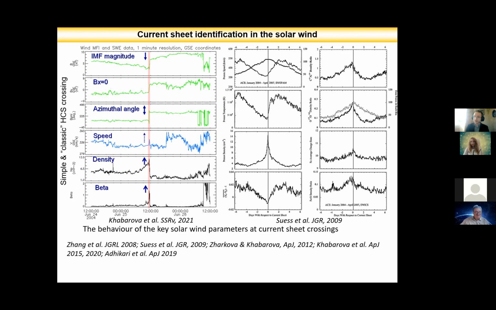Even if you have a method that misses every 10th current sheet, it still gives you 7 million current sheets to work with. That is better than not having those 7 million and instead trying to figure out for years and years a method that's going to be 100% correct, which is just not going to happen.